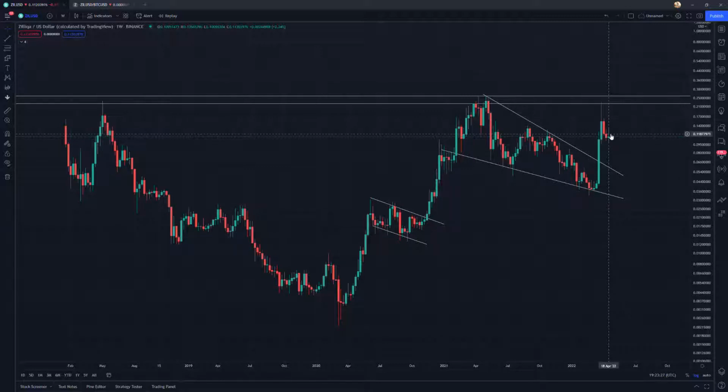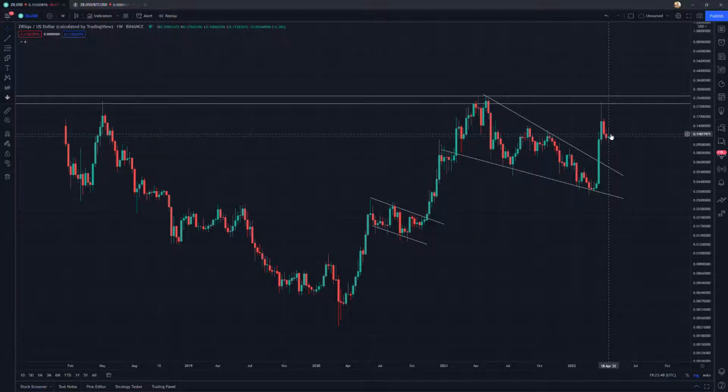You can see that's already started to happen, but we're just in the middle of the pattern and still following through on it. Again, this is a weekly chart, so it will take a lot of time to play out. But if you have the patience and long-term vision, it can also be very rewarding and opportunistic.